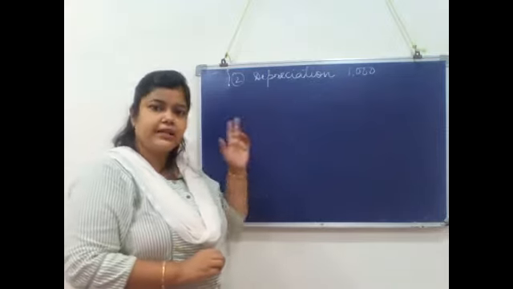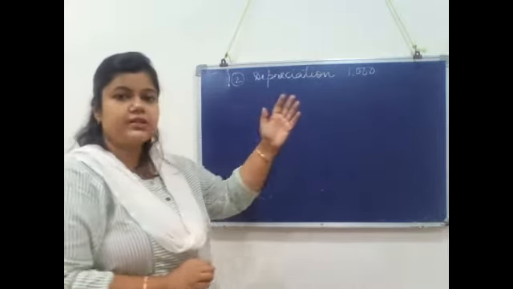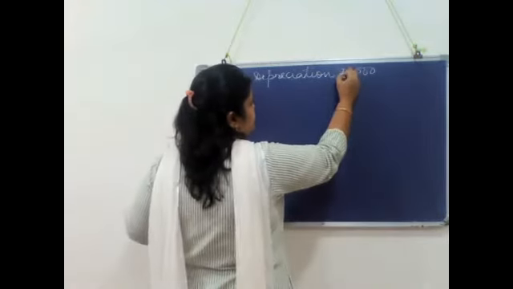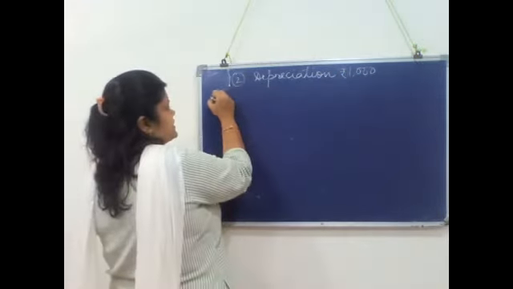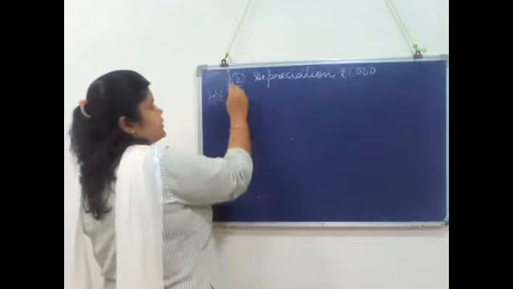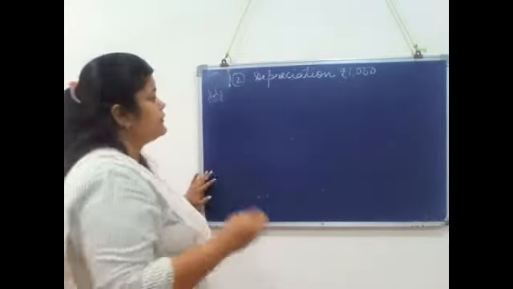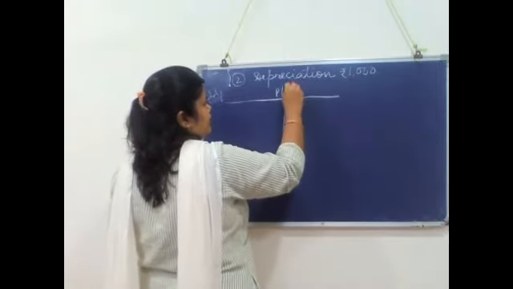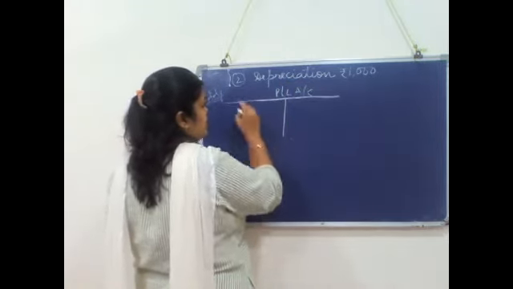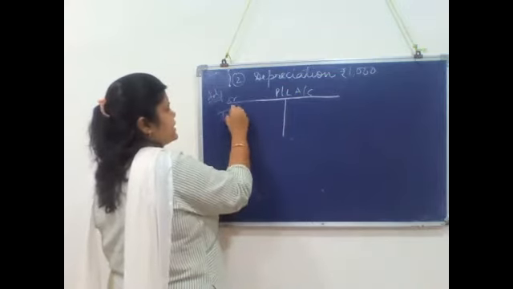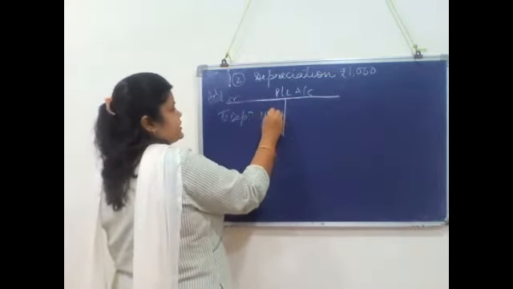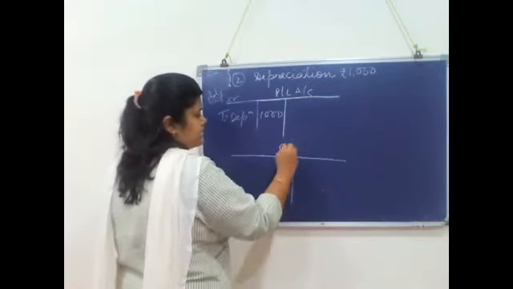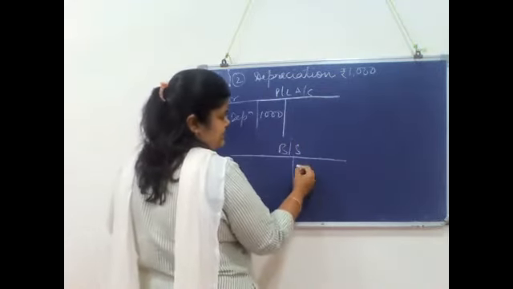Next item is depreciation. Say the amount is rupees 1000. If there is a depreciation and it appears as an adjustment, then it will have two impacts. The first impact is that we will show it in profit and loss account, on the debit side. We will write the amount of depreciation. And the second impact will be in balance sheet, on the asset side.